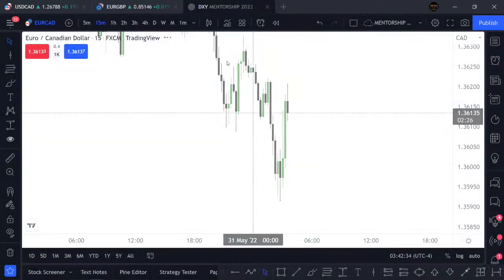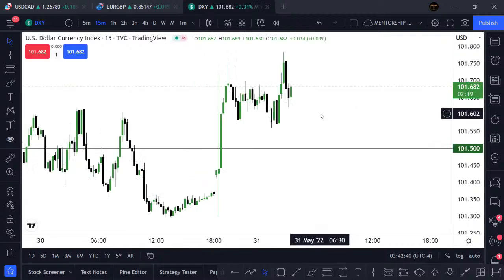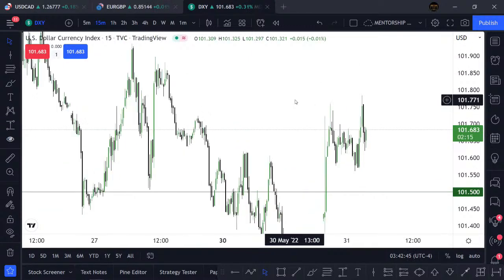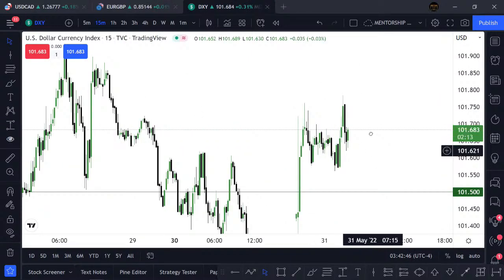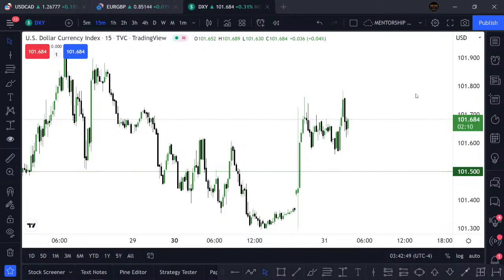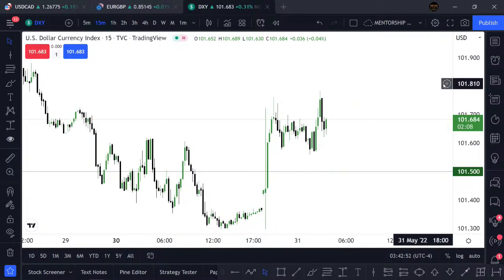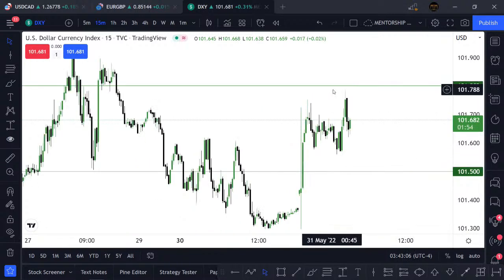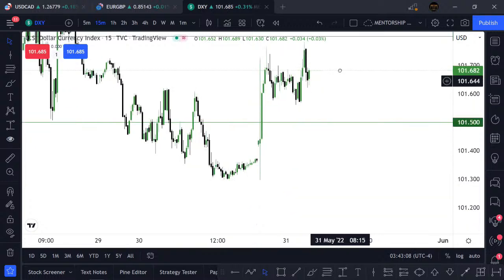See what it's doing, because we are looking for weekly highs and lows. So you see the 80 level rejecting price on the dollar index. So this is really nice. Rejecting price here.